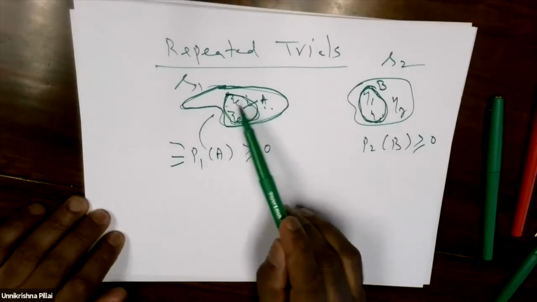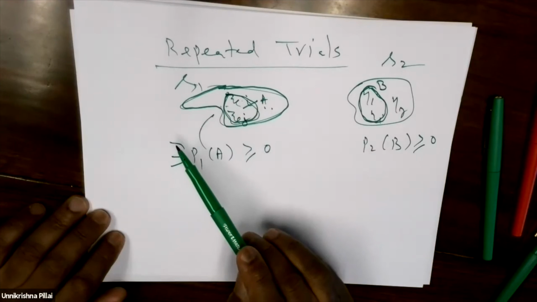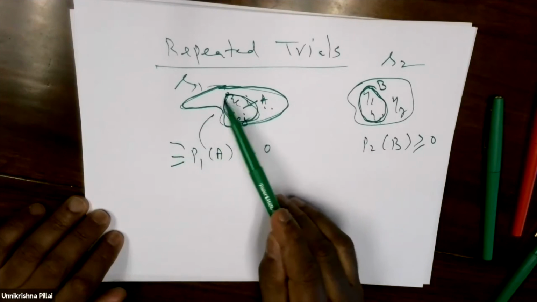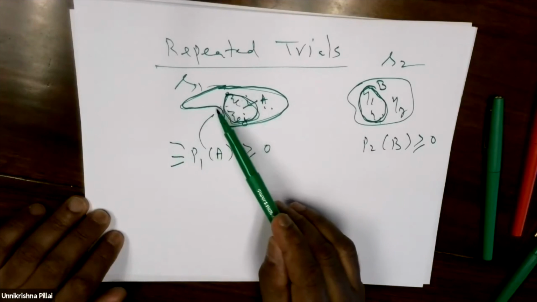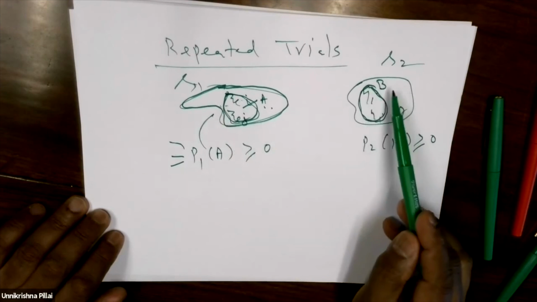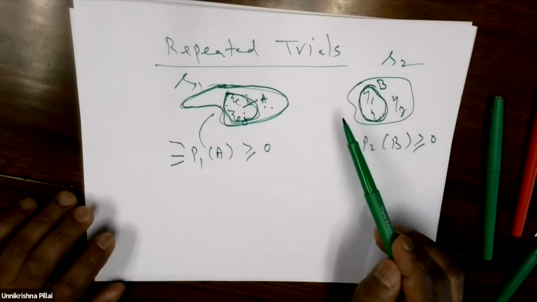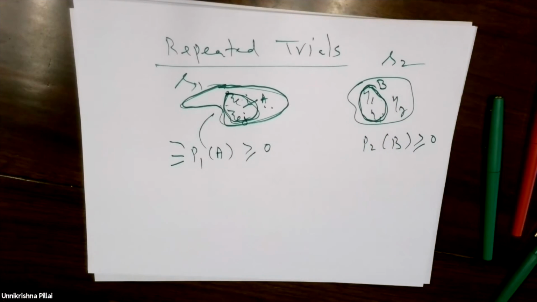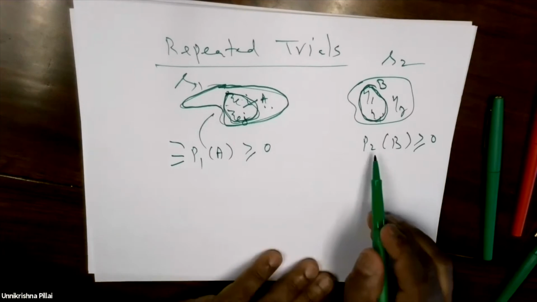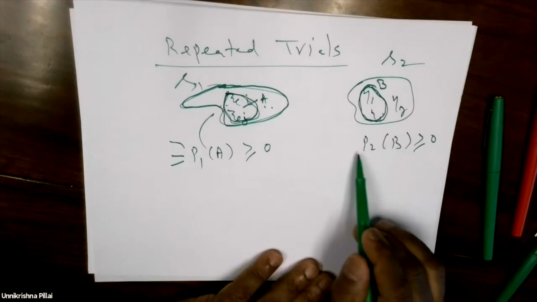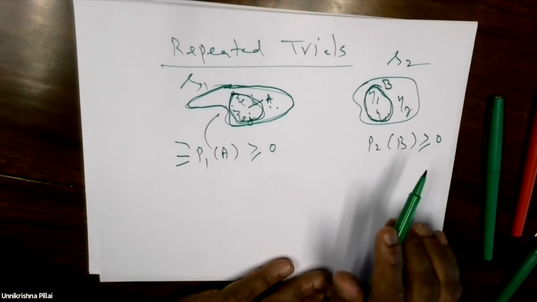Here there are only 2 outcomes, head and tail, and we know the probabilities of the elementary outcomes here are P and Q. Here, if the dice is unbiased, it's going to be 1 over 6, etc. And again, the probability of any event here satisfies all the axioms of probability.